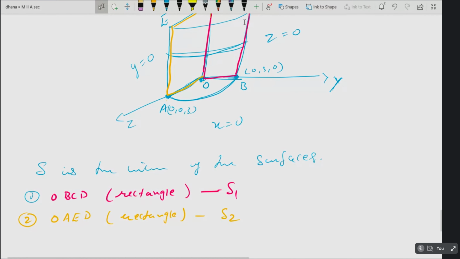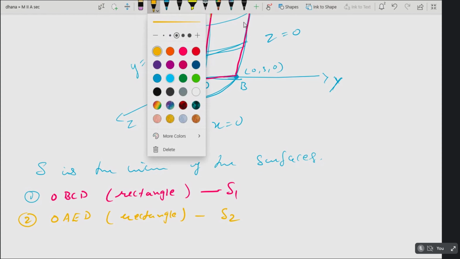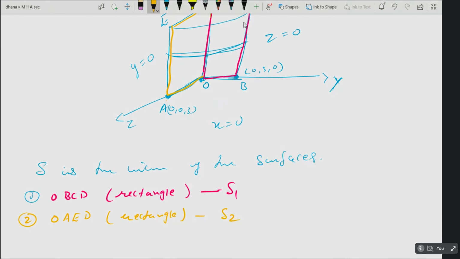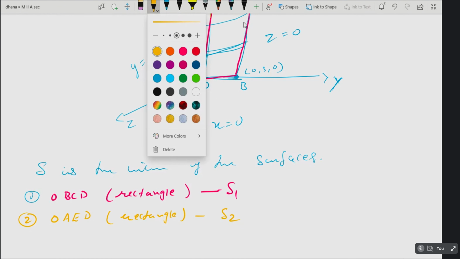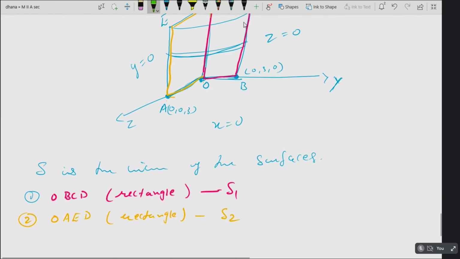What is it? You have OAB. So the third one, OAB. Now what is this OAB telling me?